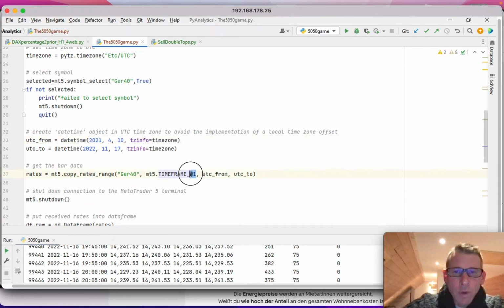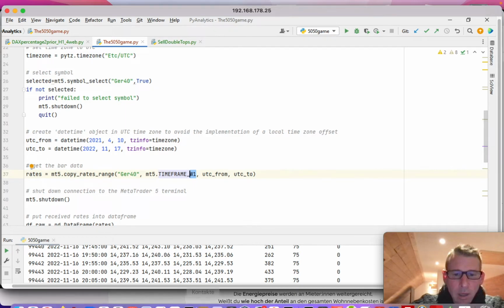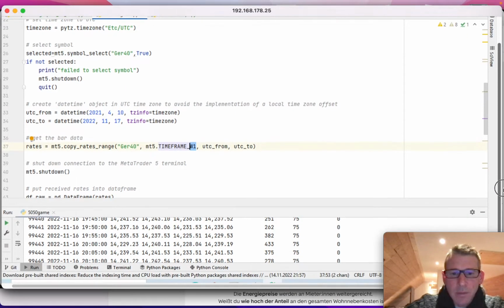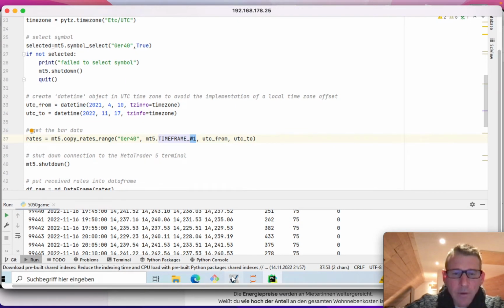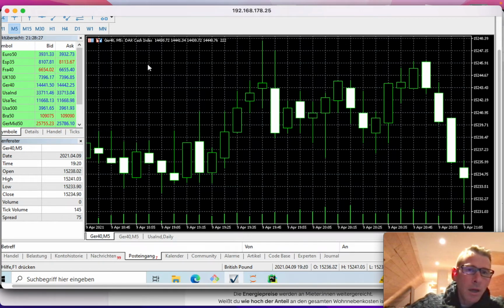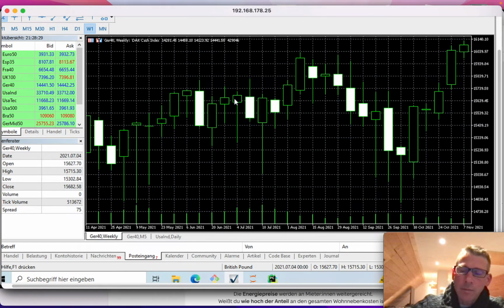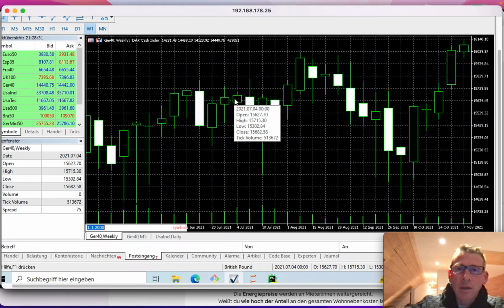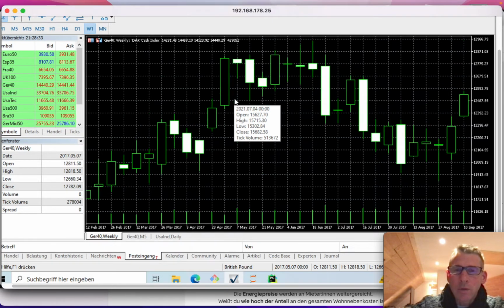We start with the weekly bars, and then we take a look at the dailies, the hourlies, the M15 and the M5 as well. When I go into the trading platform, I switch to the weekly time frame and I need to check how many bars I will receive from the broker.